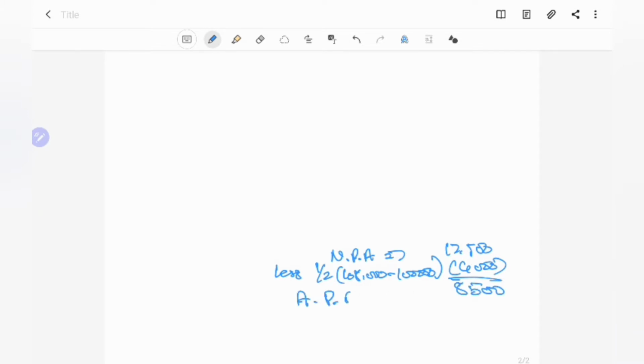Normal personal allowance, what's that? 12,500, right? But we will deduct less 1 divided by 2 of 108,000 minus 100,000. I will get 4,000 deducted from there, and I will get adjusted personal allowance is 8,500.